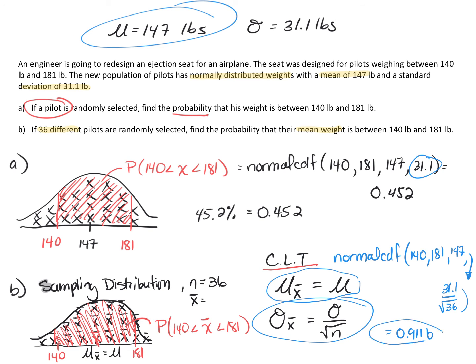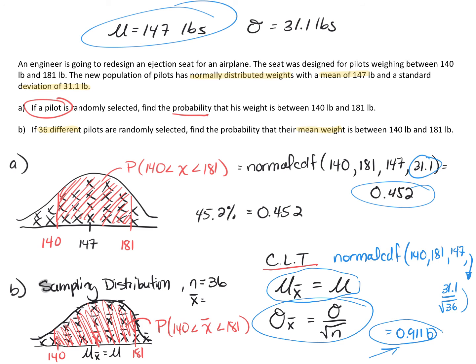All right. And it makes sense that the probability that the average weight of 36 pilots is between 140 and 181 is as high as 0.9116. That makes sense because already we can see here that there's approximately a 0.452 probability, or a 45.2% chance, that if we randomly choose one pilot, let alone 36 pilots, his or her weight is going to be between 140 and 181 pounds.